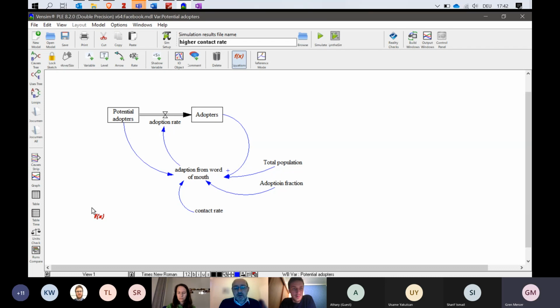No, if you draw your diagram correctly, when you started your flow, your rate, you started from inside that box that says potential adopters, you don't need to do anything. Okay.